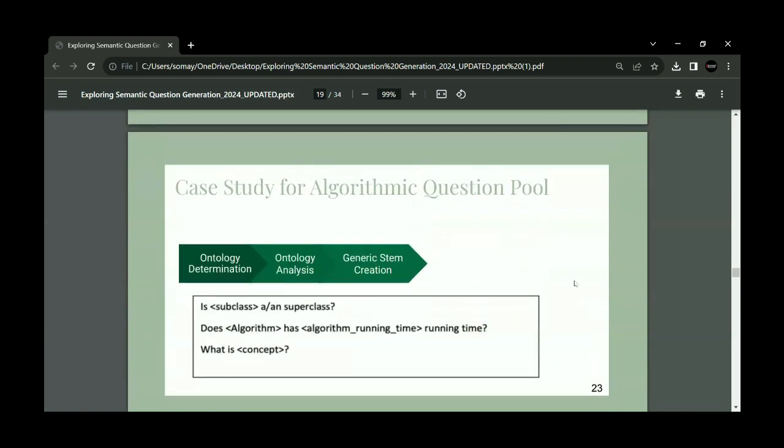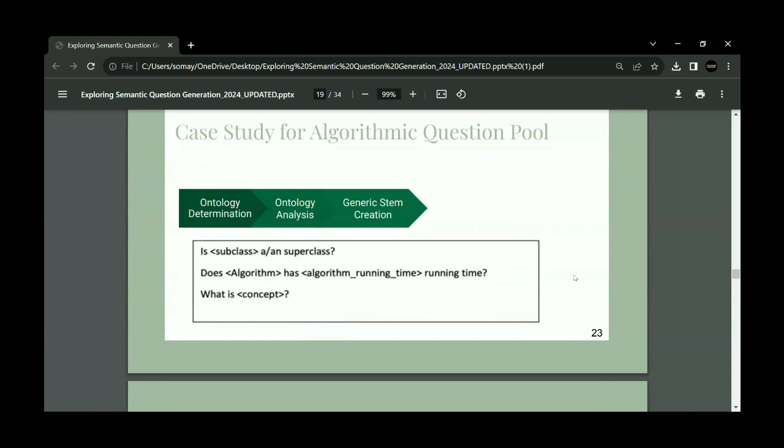So after that, the generic stem creation. For the generic stem creation, we create stems for each category of the questions. Here's a general question format: the subclass, and then the relationship, a superclass.